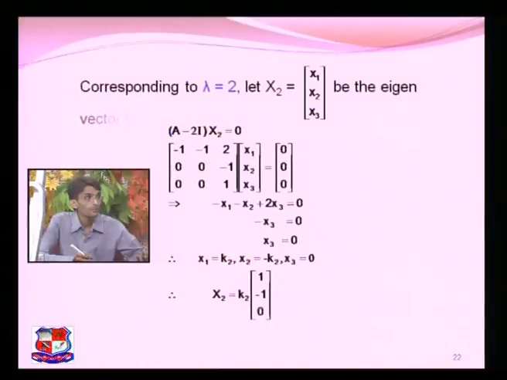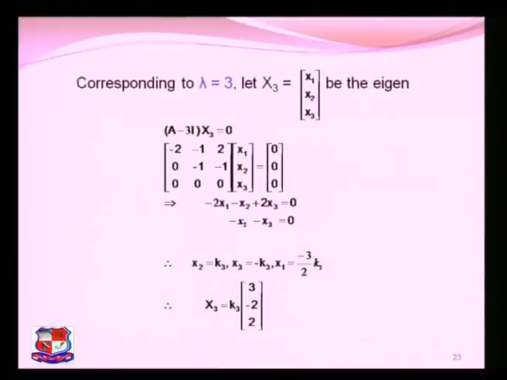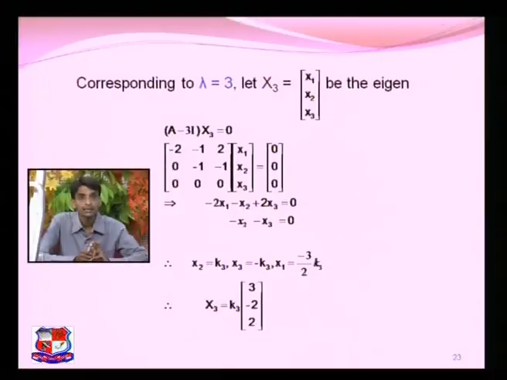In the same way we will find the eigenvector for lambda equal to 3. Here let X3 be the eigenvector, right? Then (A - 3I) into X3 is equal to 0. So here the matrix equation will be -2, -1, 2; 0, -1, -1; 0, 0, 0 into x1, x2, x3 equal to 0, 0, 0.